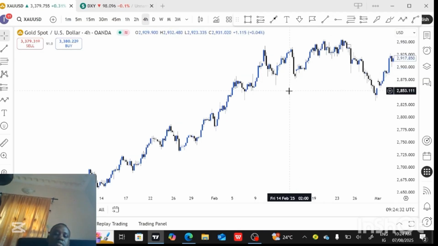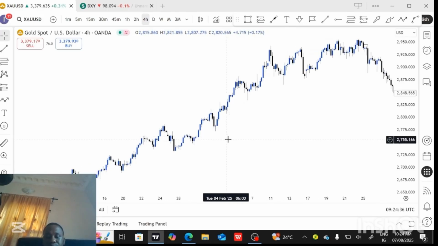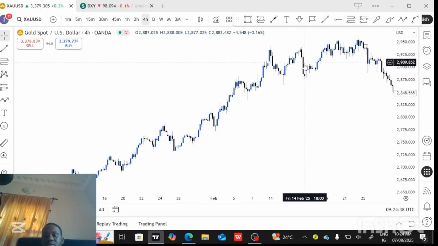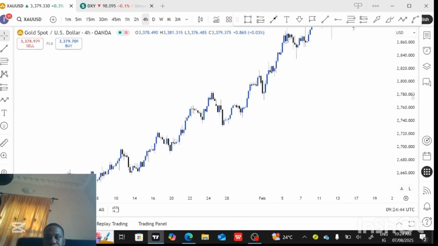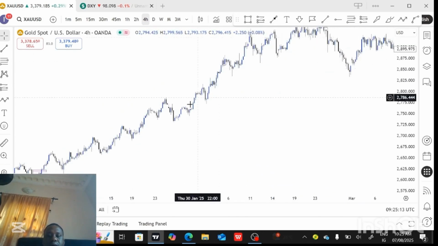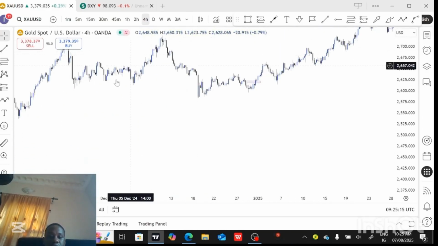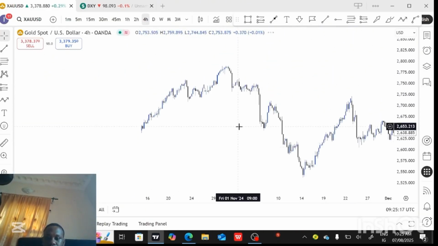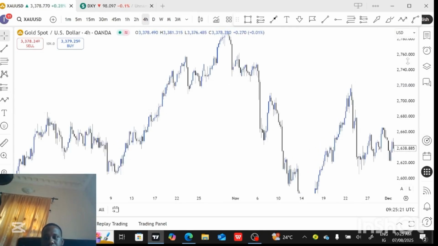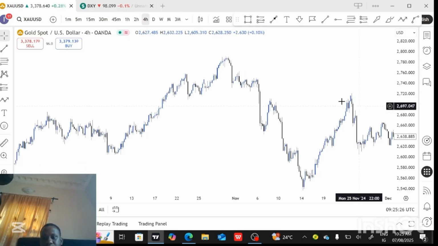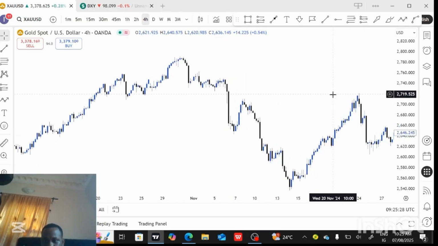So in our next class, I'll be explaining more on the trends, all these pullbacks, how to know a valid pullback, and how to trade them. Okay, so that's for uptrend. Then for a downtrend, we might not really see much of a downtrend there, because this particular pair, gold, has been on a serious uptrend for years now.